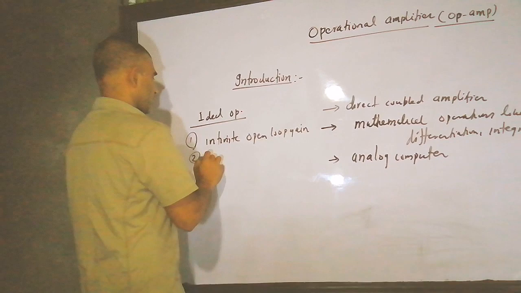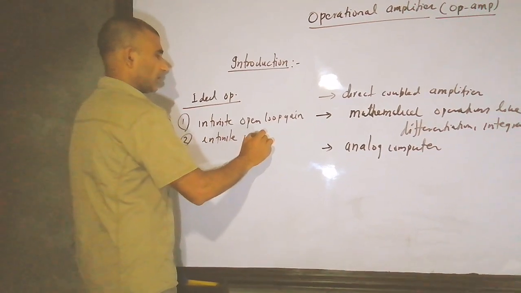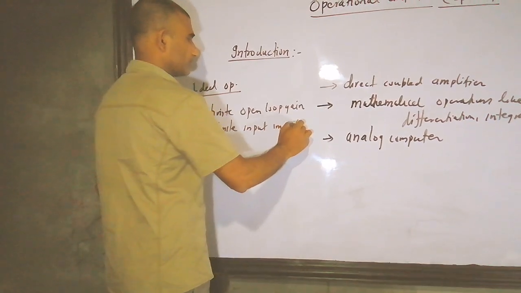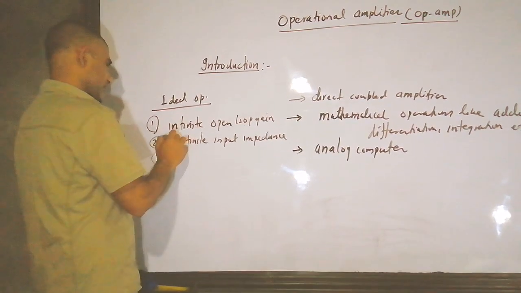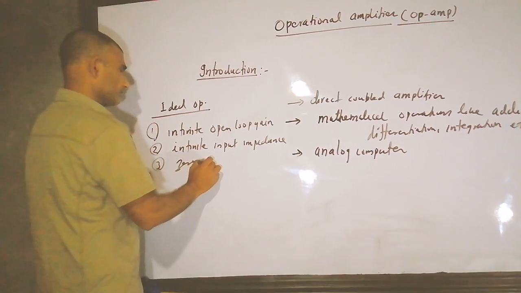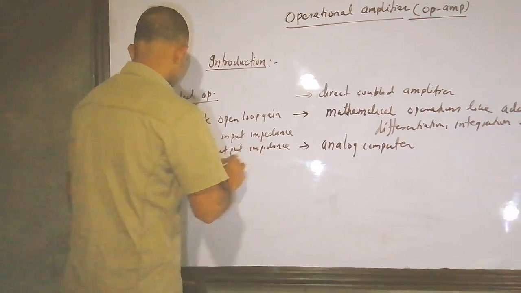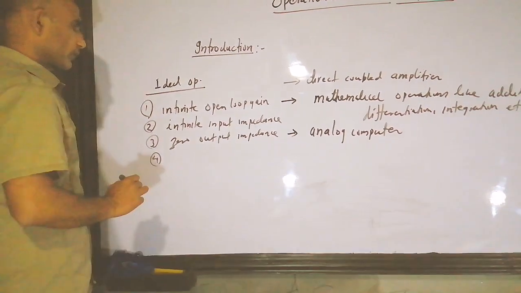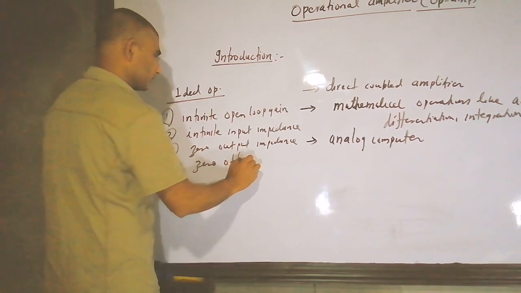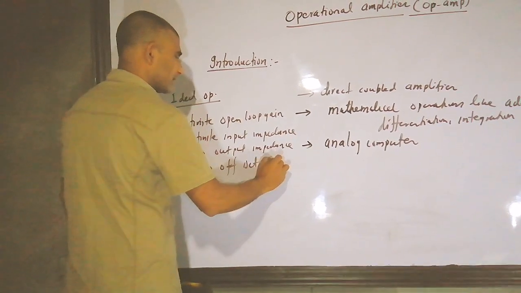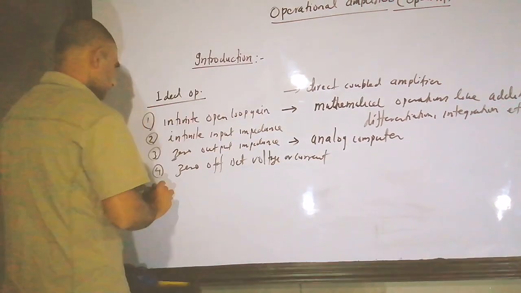Second, infinite input impedance. Third, zero output impedance. Fourth, zero offset voltage or current.